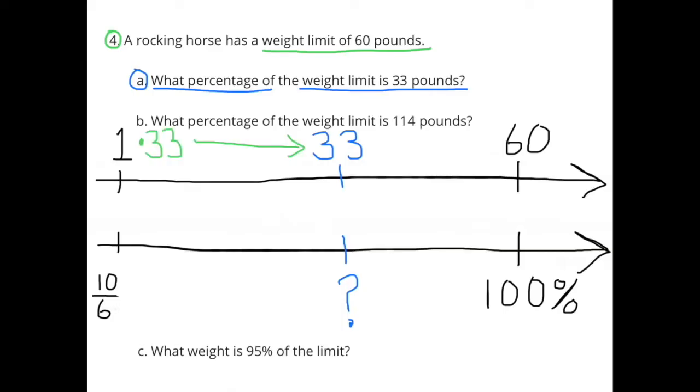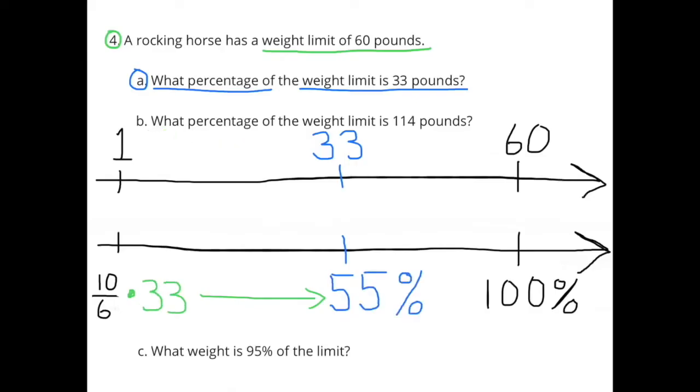So 1 pound times 33 equals 33 pounds. Now I need to multiply 10/6 times 33. And 10/6 times 33 equals 55%. 33 pounds is 55% of the 60-pound weight limit.